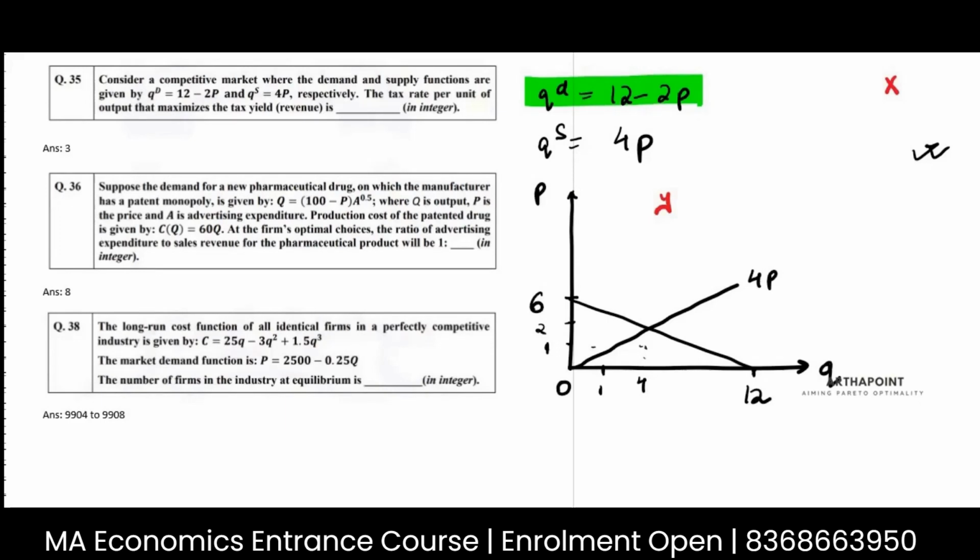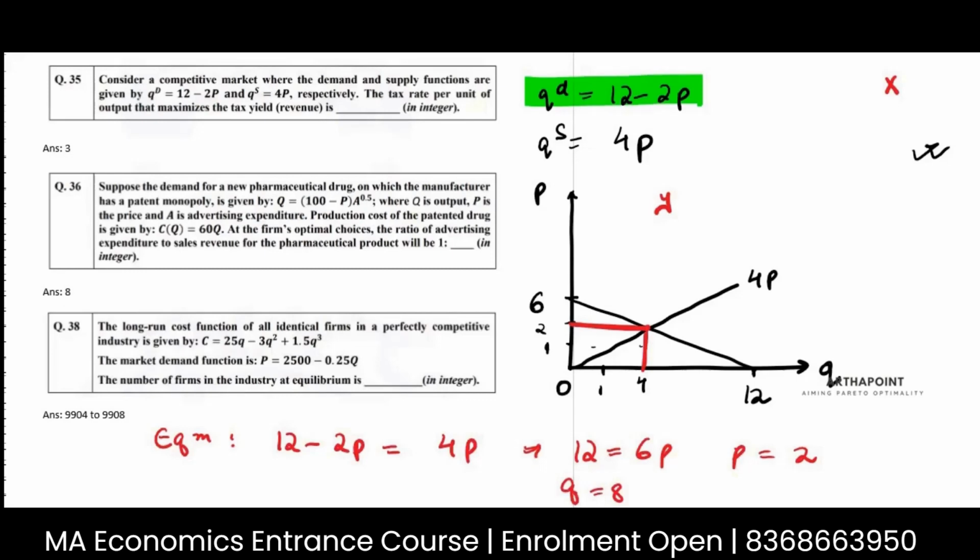Currently, this is the situation. So if you want to find the equilibrium, it will be where demand is equal to supply. So 12 minus 2p is equal to 4p. 12 is equal to 6p. P is equal to 2. So at price 2, this is your equilibrium. And Q will be 8. This is your equilibrium quantity currently.